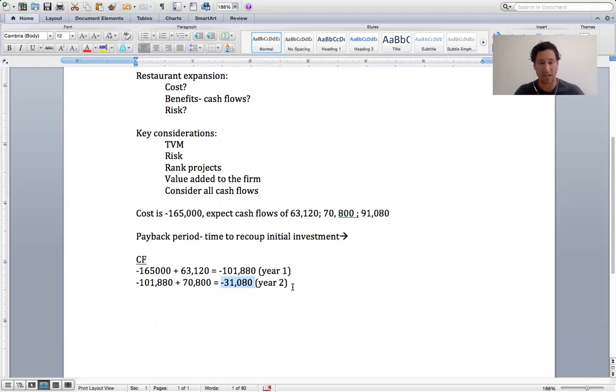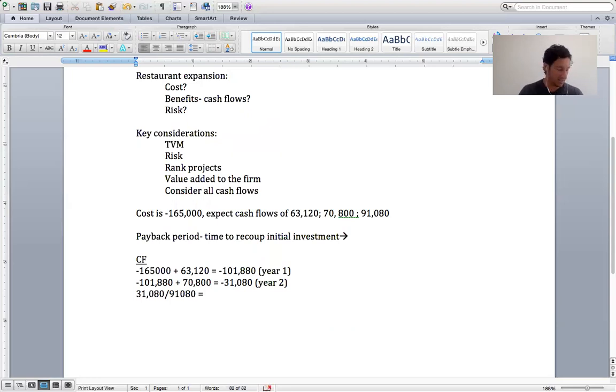But if we want to know exactly how long into that year it would be, once you see that this is about to flip from negative to positive, then we just divide. So we have 31,080 left to pay off. During that year, we're going to make 91,080.